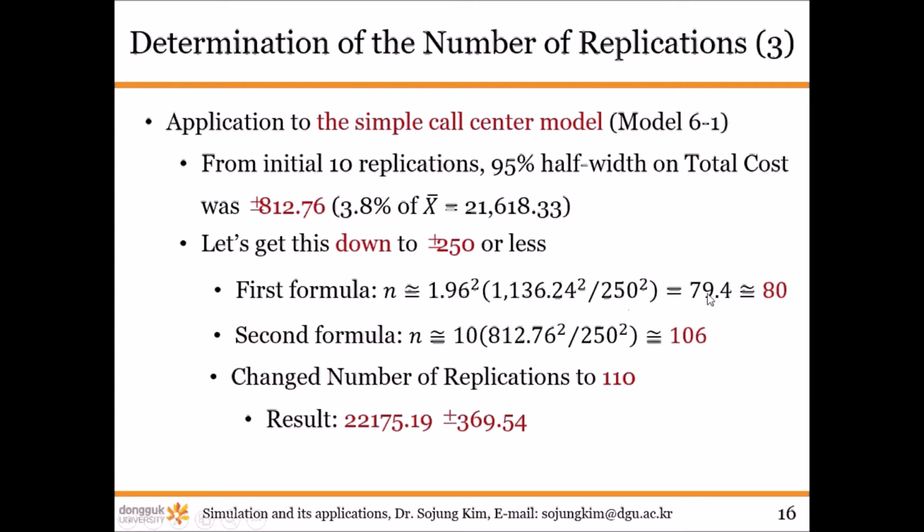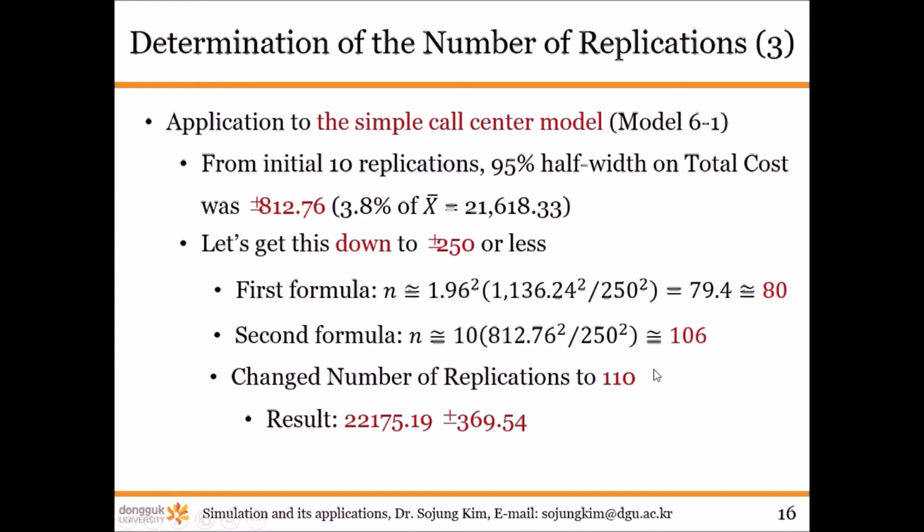Based on these two results, you can use either of these, or you can make more replications like 110. Let's say we change the number of replications to 110, and the result will be like this. Although the half width is slightly greater than 250, these two equations are approximation approaches, so they will not give you the exact solution.